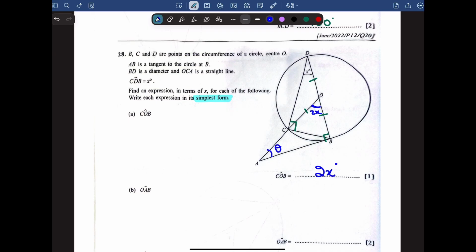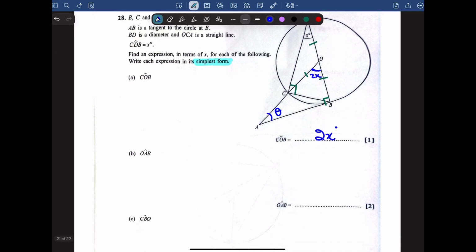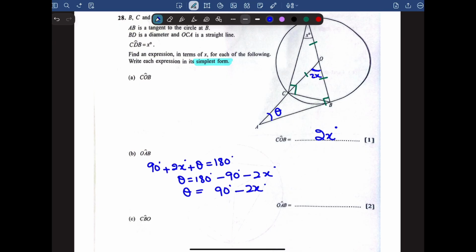So 90 plus 2x plus theta should be equal to 180 degrees. So theta is 180 minus 90 minus 2x. So theta is going to be 90 minus 2x degrees.